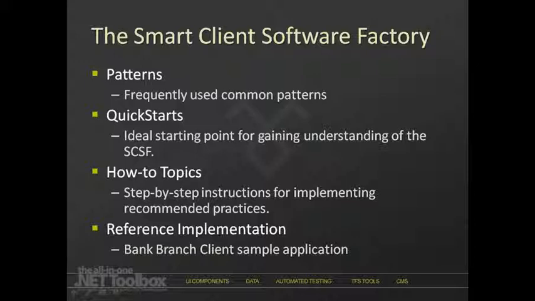And to help you get started, there are several quick starts included with the SCSF, and they're the ideal starting point for just gaining a basic understanding of what exactly its purpose is. Included with that are several how-to topics, which are just step-by-step instructions for implementing the recommended practices included with the SCSF. And finally, there's also a bank branch client sample application included with it as well. This is just basically an application you can reference if you're new to CAB and you need something to reference.